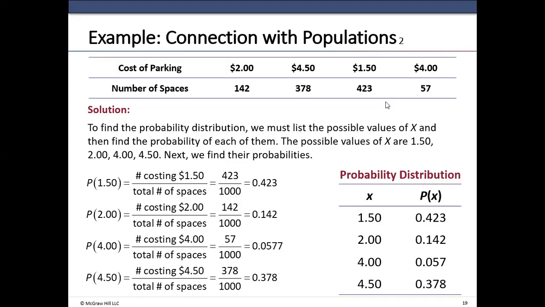It's 0.057. And $4.50 is 378 out of 1,000. It's 0.378. So here the random variable is the parking fee per hour. The lowest value is 1.50, the highest value is 4.50, and in between are 2 and 4.